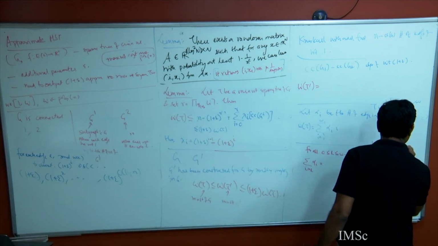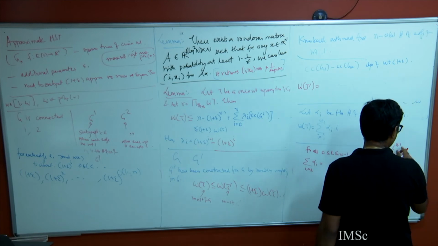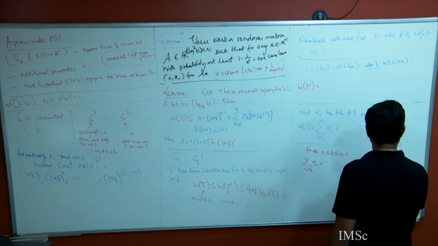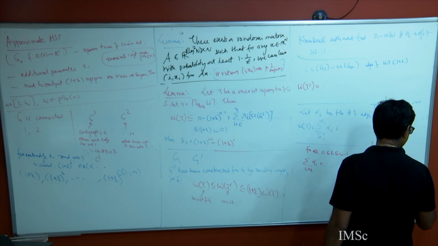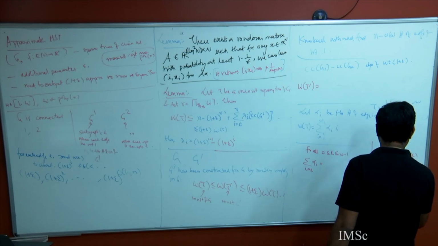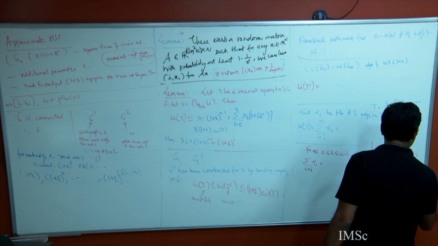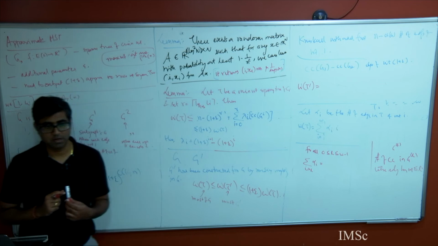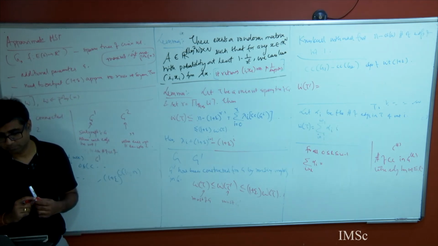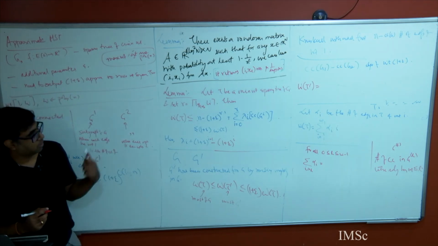You will see what it means. What is C of L? C of L is the number of connected components in graph G_L, where edges have weight at most L, not exactly equal to L, but at most L. By assumption, what will be C of W?